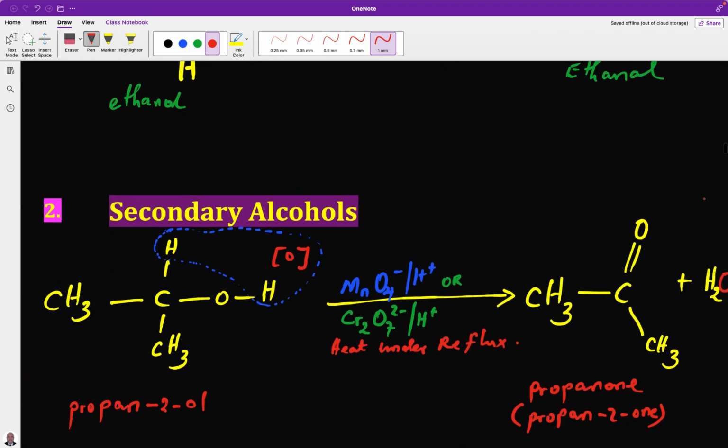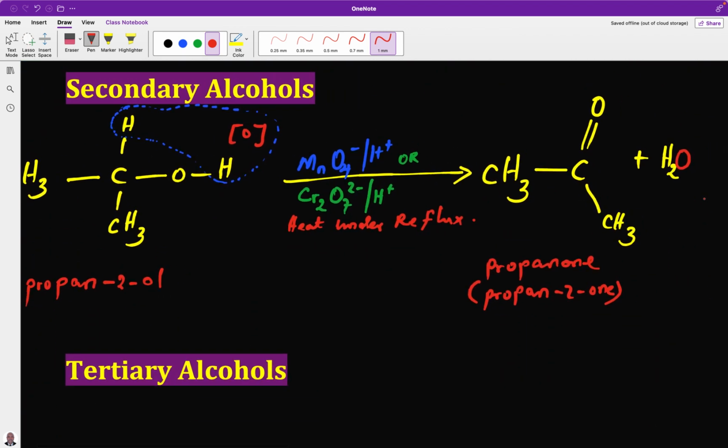Secondly, secondary alcohols. Secondary alcohols using a suitable oxidizing agent such as acidified potassium dichromate 6 solution or acidified potassium manganate 7 solution, when heated under reflux, the final product would be a ketone.